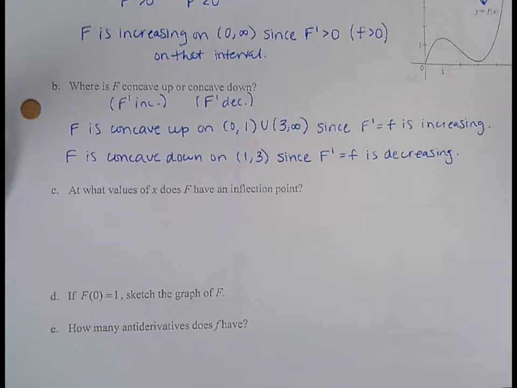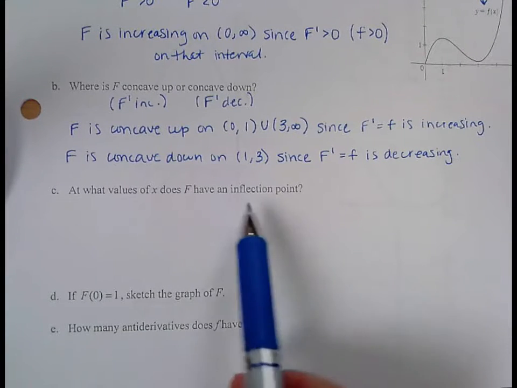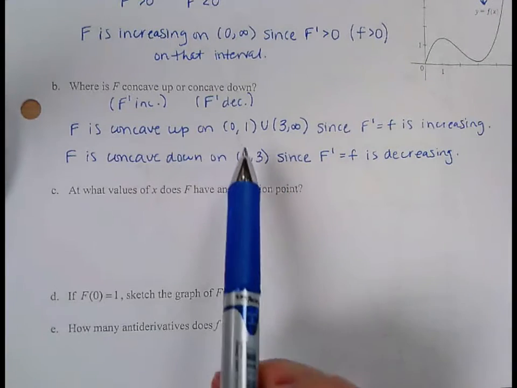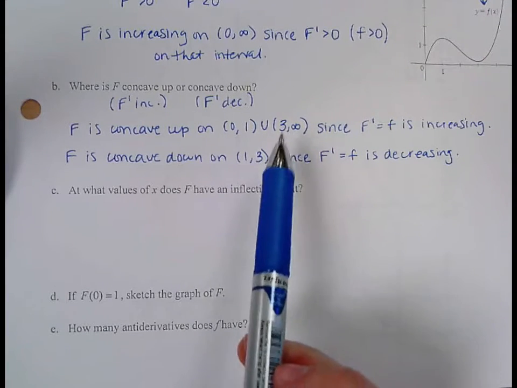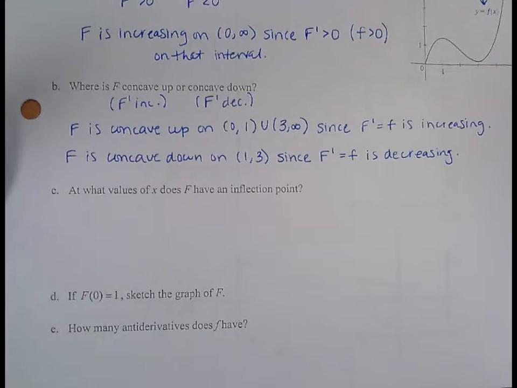And then C, at what values of x does capital F have an inflection point? 1 and 3. Because an inflection point, again, is where it changes concavity, so it's changing at 1 and then changing back at 3.